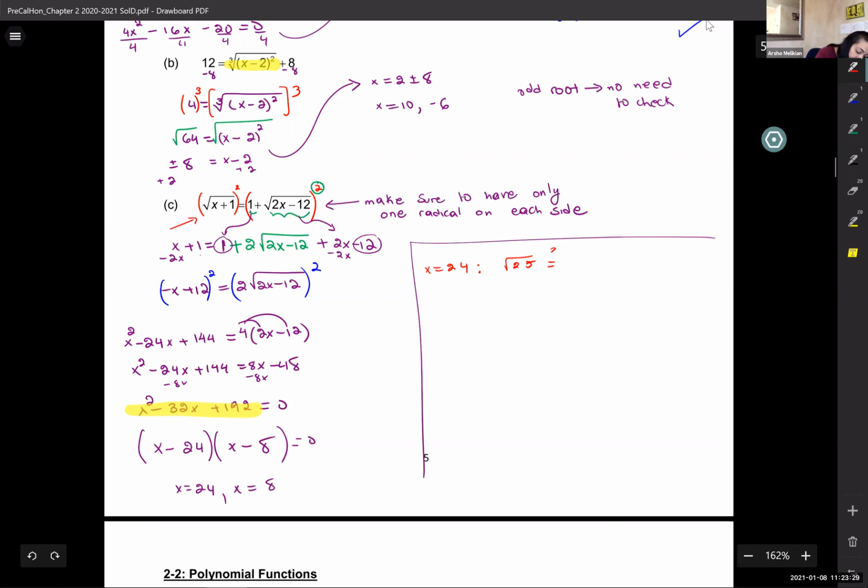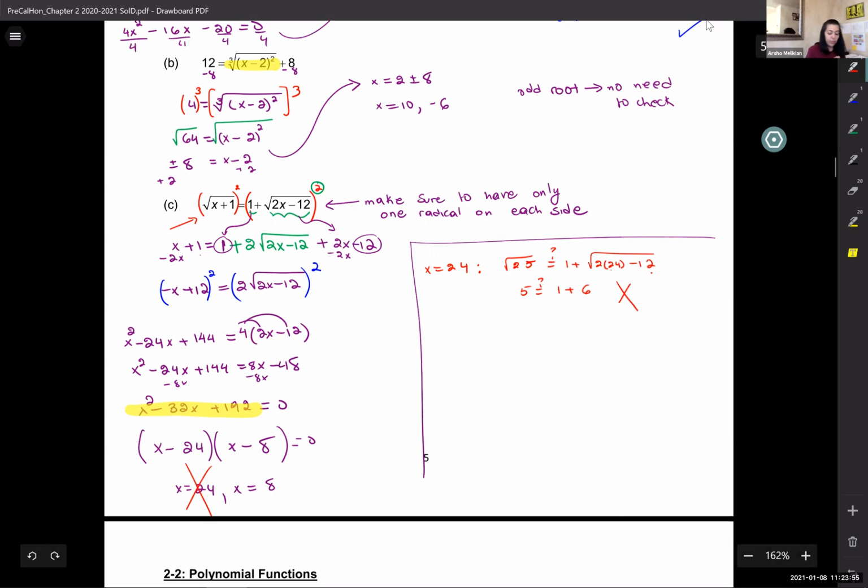And then I say, is this equal to 1 plus root 2 times 24 minus 12? And so this is 5. Is it equal to 1 plus root 48 minus 12, is 36. So it's not, right?